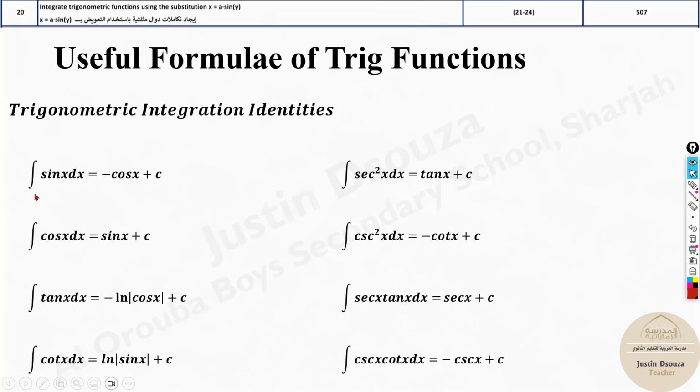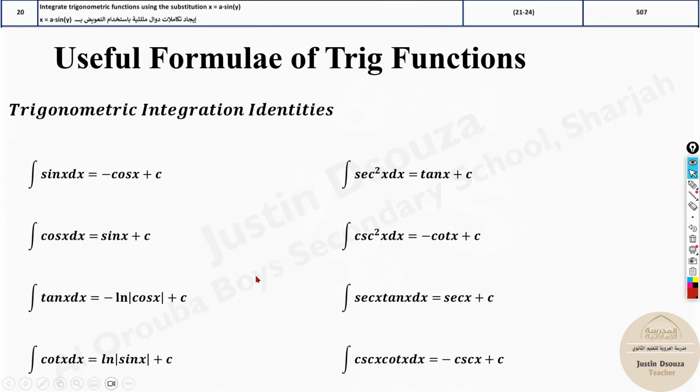And they are simple. Now over here, you can see a pattern. Whenever there is co involved, cosine, cosecant or cotangent, they will have negative signs. It doesn't matter whether you're integrating sine or cos; if the answer has a co, it will have a negative.